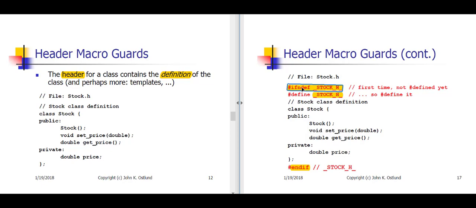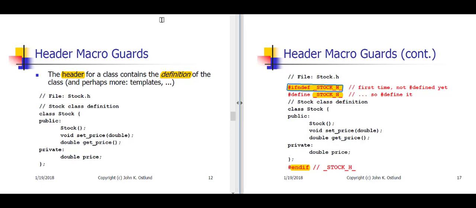By using this macro guard trick, we can include the stock.h file 50 times, 1,000 times. The first one will cause the definition of the stock class to be incorporated into the translation unit and passed along to the compiler, but any subsequent ones will simply cause the duplicate definitions of class stock to be compiled out, that is, to not be passed along to the compiler.